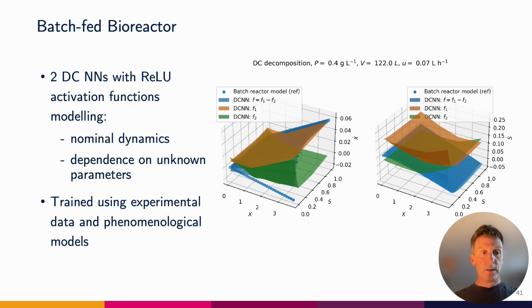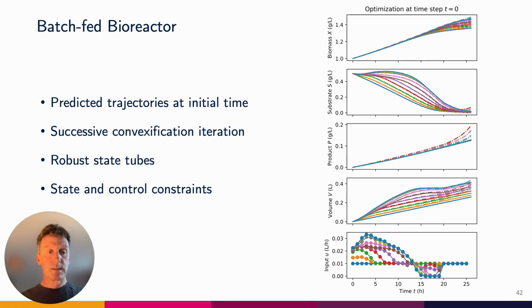In this application, we are using a pair of DC neural networks with ReLU activation functions, and these are trained using a combination of experimental data for similar biological batch reactors and phenomenological models. These plots show the predicted trajectories at initial time, and you can see the sequence of predicted trajectories that we get at successive iterations of the algorithm.